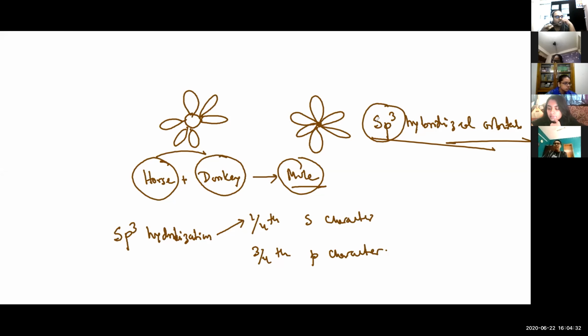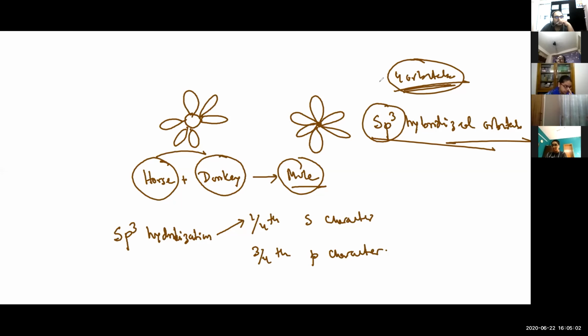In total there are 4 orbitals, right? Out of 4 orbitals, how many is the s orbital? 1. And how many is the p orbital? 3.